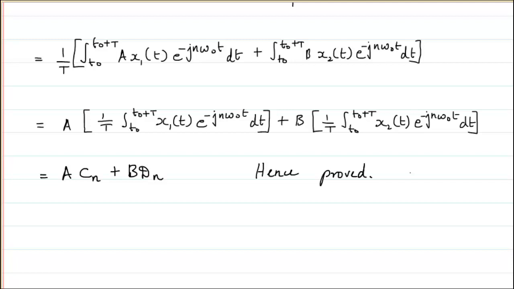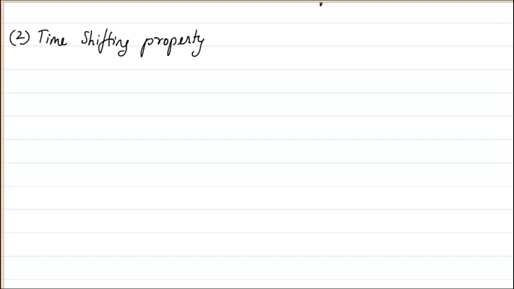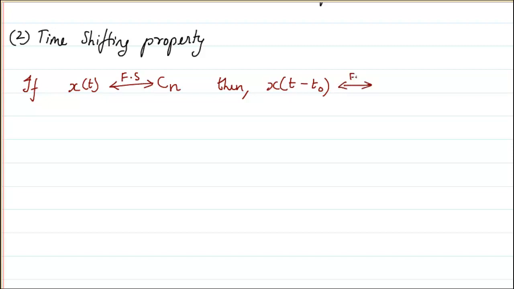The next property is the time shifting property, which states that if x of t gives a Fourier series coefficient of C of n, then if you are time shifting x of t to x of t minus t naught, then in the case of Fourier series, all that is going to happen is you are going to multiply a factor e raised to power minus jn omega naught t naught with the Cn that you have already got.